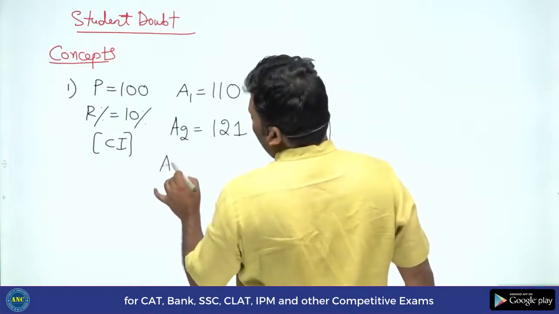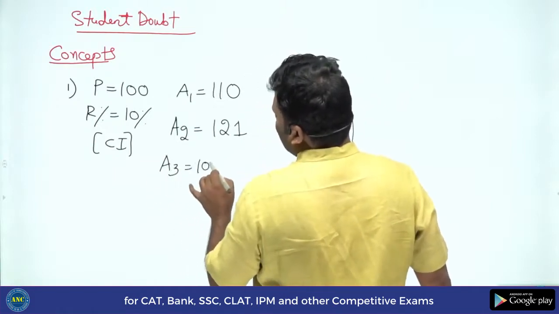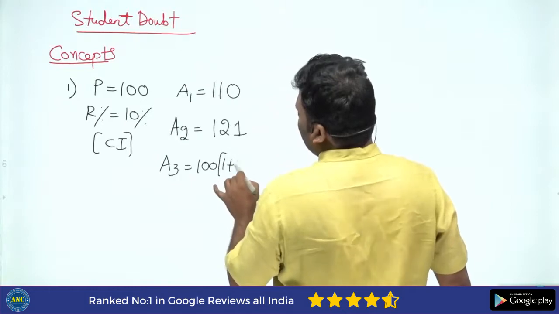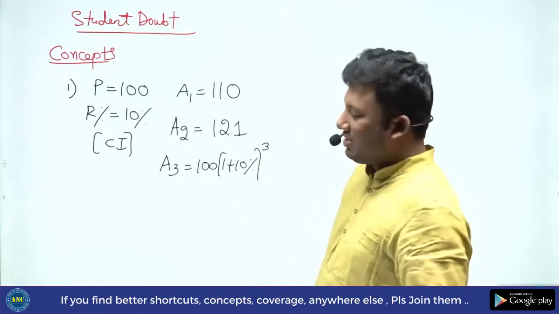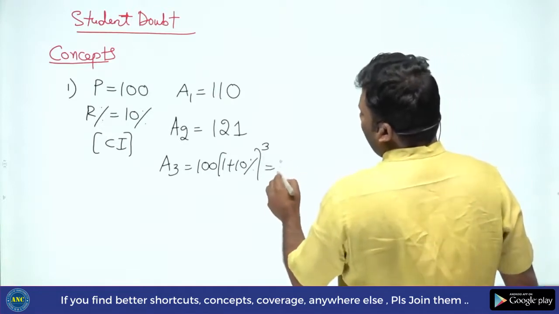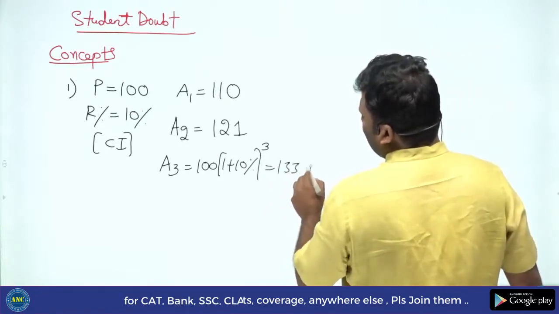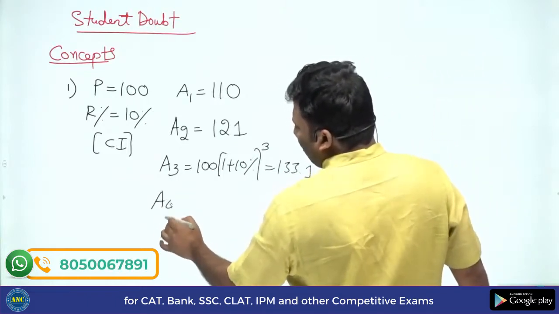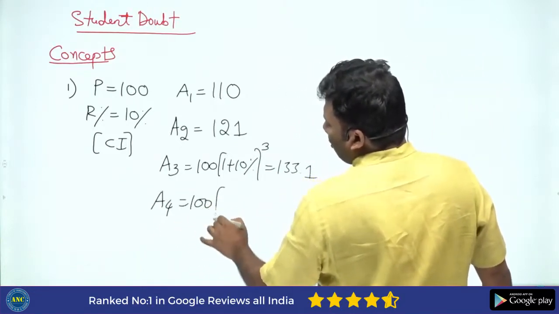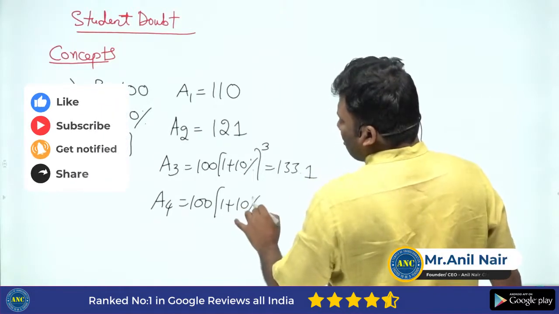Next, amount after 3 years. It is 100 into (1 plus 10%) power 3. 10% 3 times successively is 33.1. So it is 133.1. Amount after 4 years is 100 into (1 plus 10%) power 4.